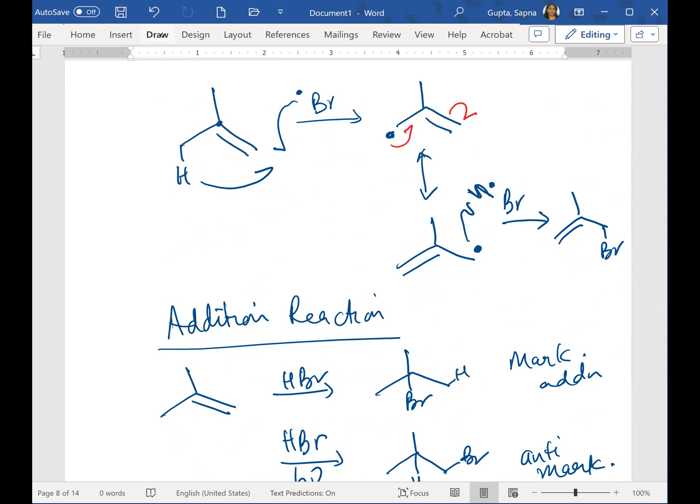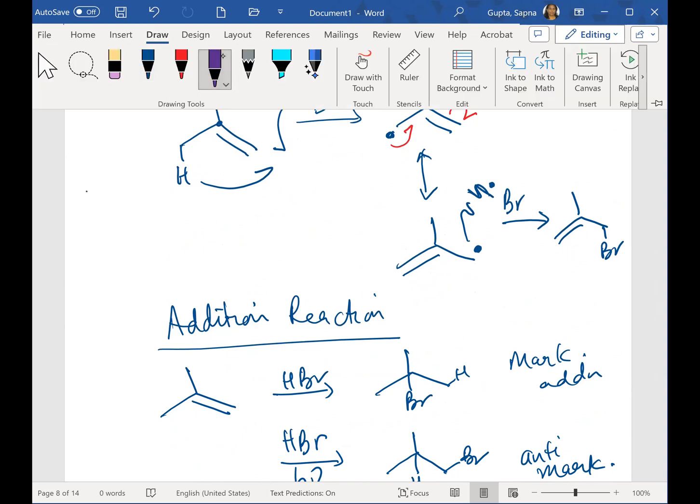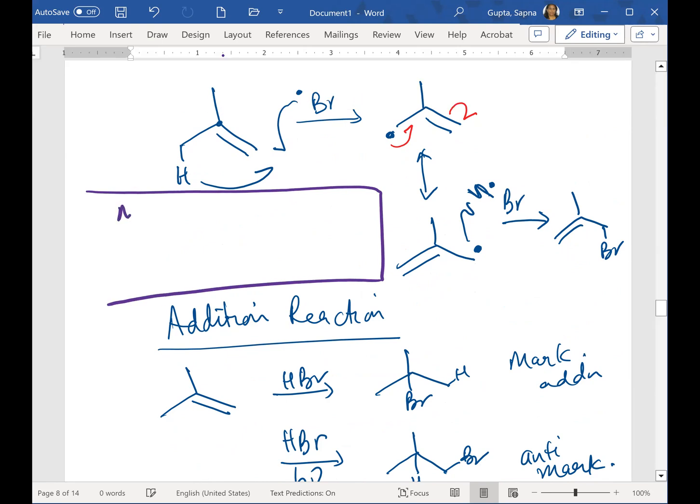I'm going to write in a different color one other reagent that is used here, and that is called NBS, N-bromosuccinimide. This is 2 C's, over here. It looks like this in case you see it in any quiz.